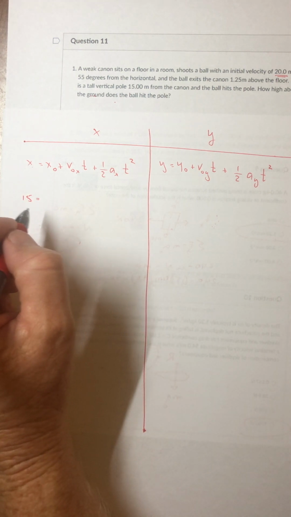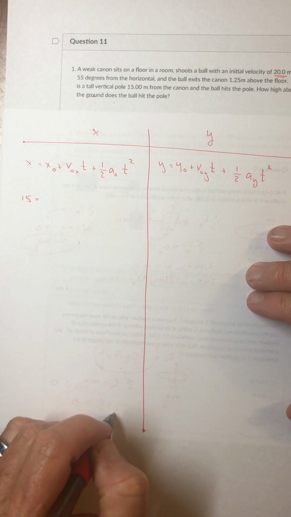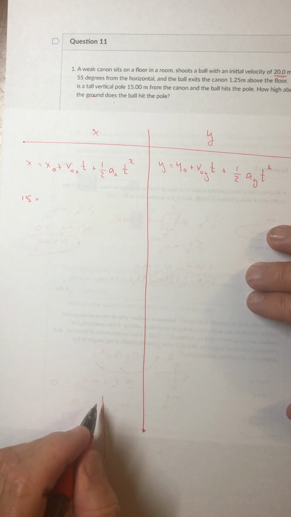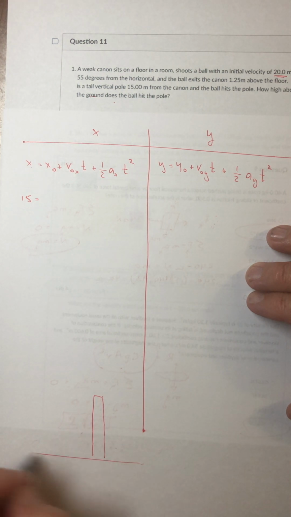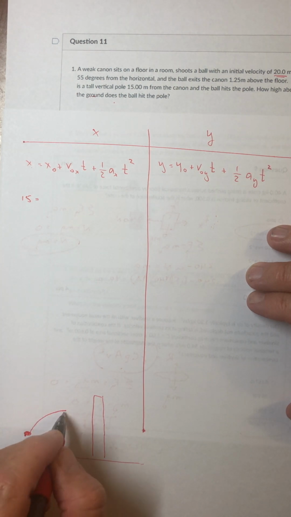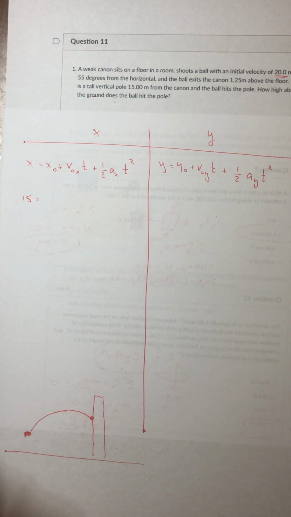And so drawing maybe a picture here. Let's see, let me not go off the screen, but get low enough here. Here's the pole, and maybe the cannon launches from right here. And I don't know if it's still on its way up or if it's gone down. I'll give it a kind of a downward look to it at the moment.